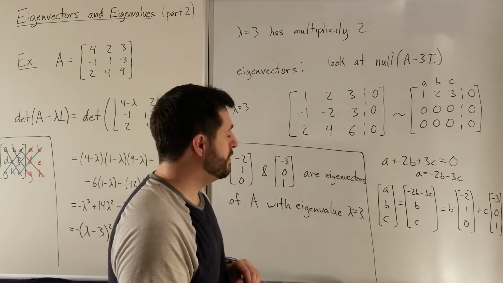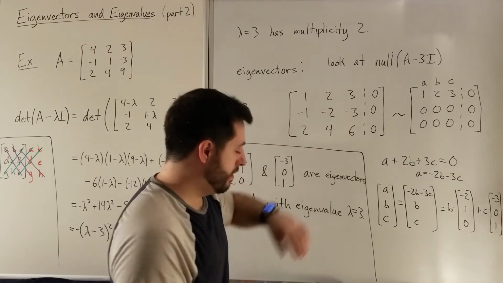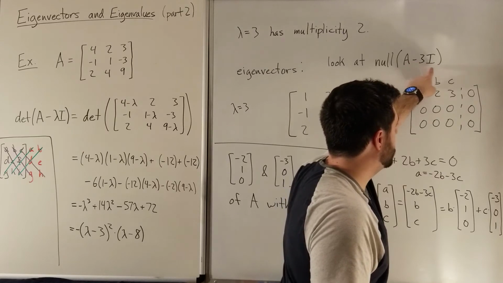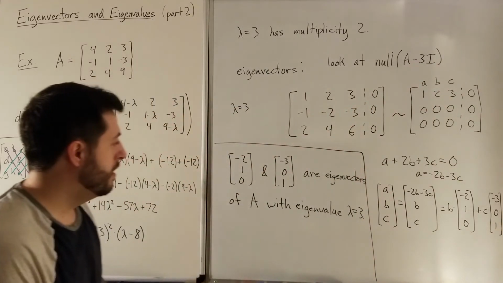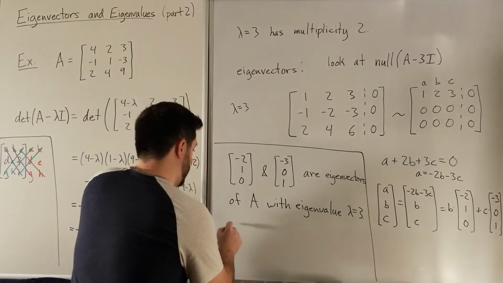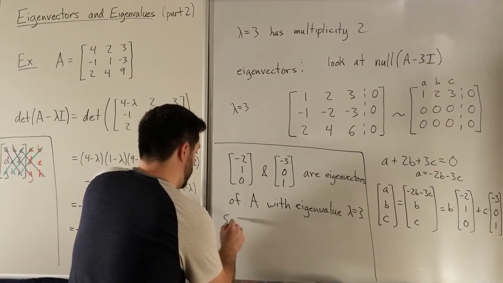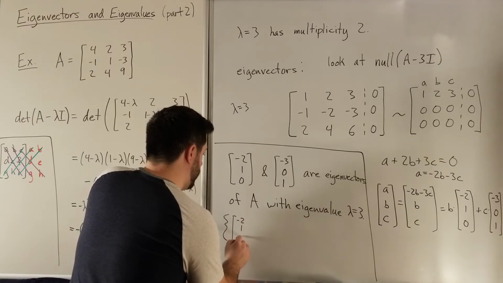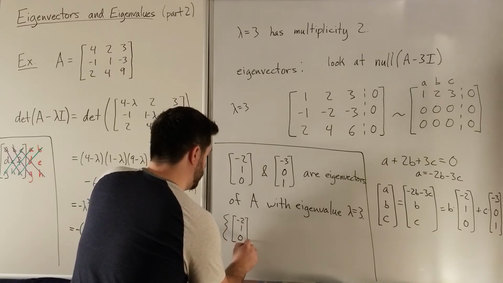And these form a basis of the null space, and when you're looking at this particular matrix that you're taking the null space of, A minus lambda I for some lambda, then this has a specific name. So this set is a basis for the null space of that special matrix there.